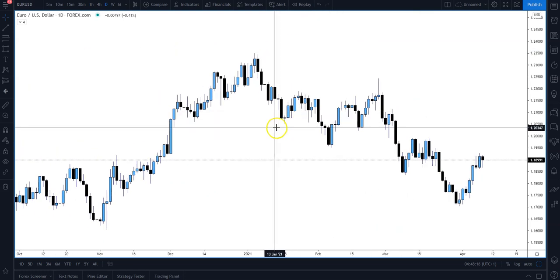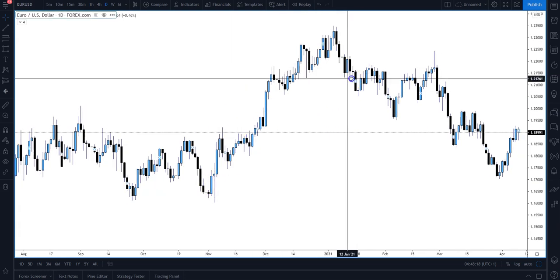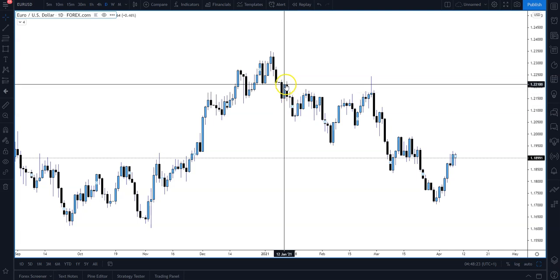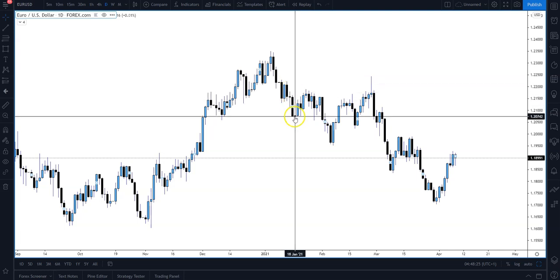Let's say, for instance, we're confused, like this is going down, and seeing this candle we might think it's going up, and it goes the opposite direction.